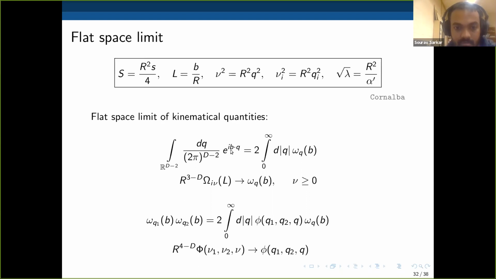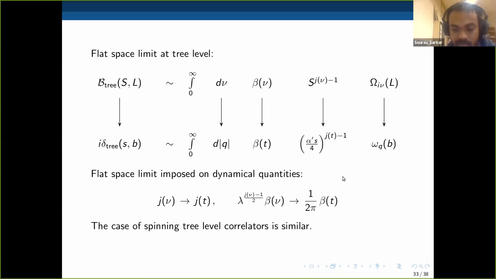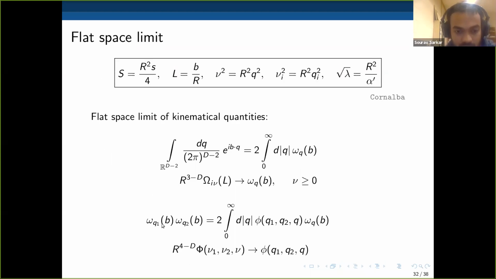So we want to evaluate the angular integrals, and that gives us this harmonic function, and then we can check explicitly that the AdS one goes to the flat space one if we follow the prescription here. Also a product of two can be expanded in the same way with a function phi, and the AdS phi goes to the flat space phi.